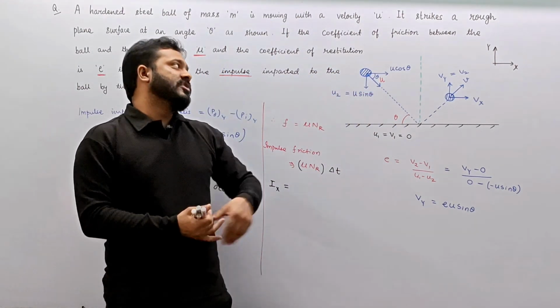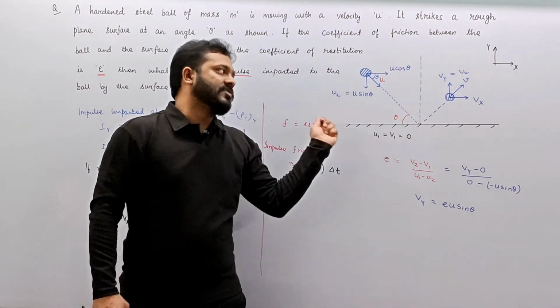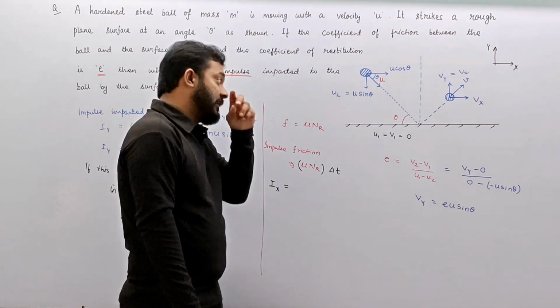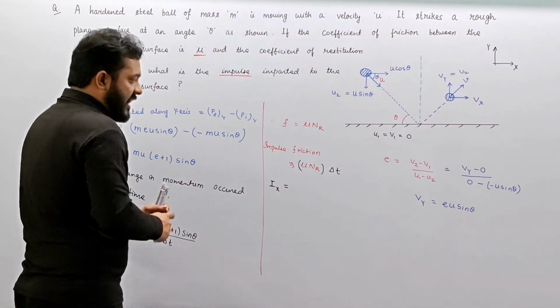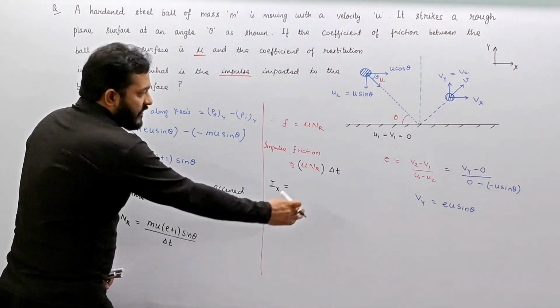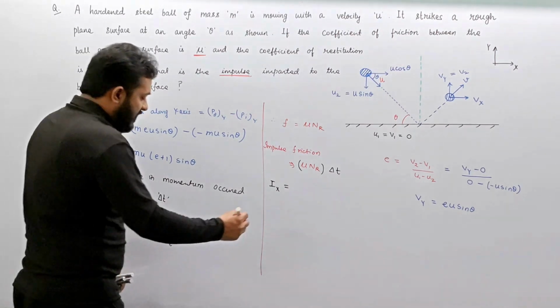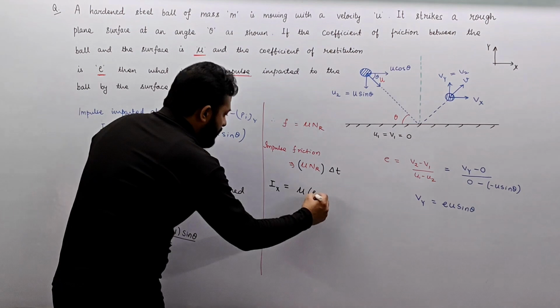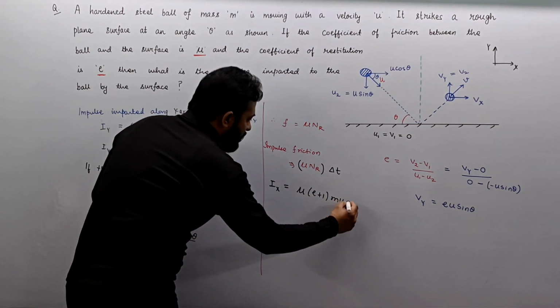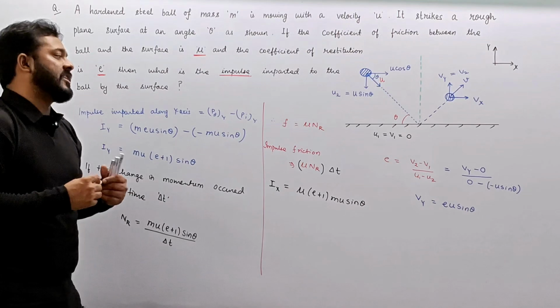When the hardened steel ball strikes the surface, the friction opposes this motion for a very short duration of time, creating an impulse in the x direction. If we multiply this parameter, delta t will cancel out, and we get mu times (e plus 1) sin theta, where this is the impulse in the x direction.